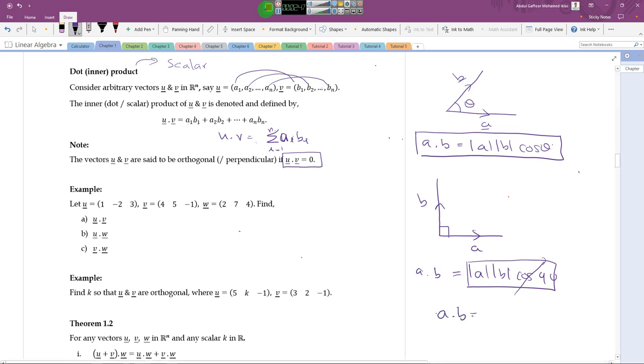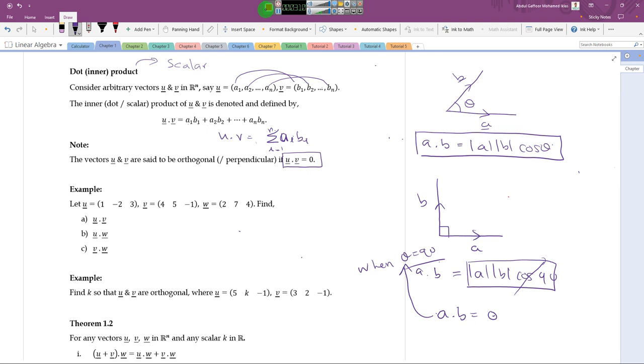So a dot b is equal to 0 when theta is equal to 90 degrees. The vice versa, or the reverse, is also true. When a dot b is equal to 0, we can say that the angle between the two vectors is equal to 90 degrees. Then we can say the vectors are perpendicular.